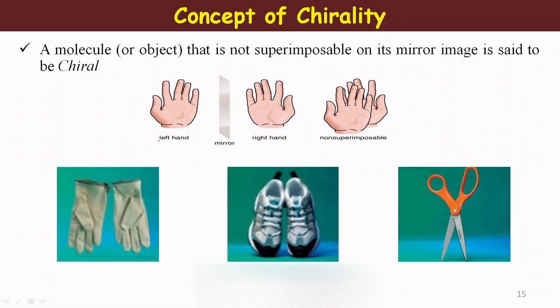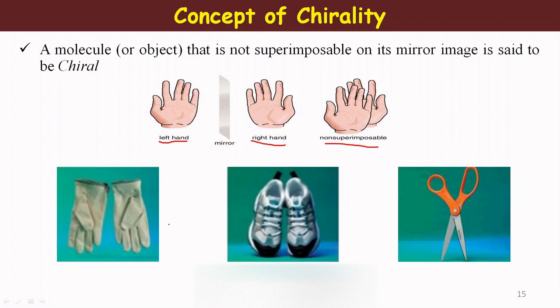So the objects which have a mirror image relationship, where the object and the mirror image are non-superimposable, are called chiral objects. Look here, the right hand and the left hand have a mirror image relationship and are non-superimposable. Thus it is a chiral object.